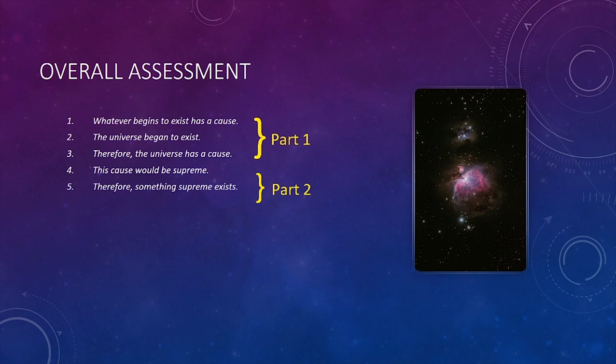Now, what's the nature of this uncaused thing? Well, we looked at some considerations. And speaking for myself, it does seem promising that this cause would be special in a way that distinguishes it from the kinds of things that have a cause. And it seems to me that having a supreme nature or a perfect nature would make it relevantly different from the kinds of things that we see that have a cause.